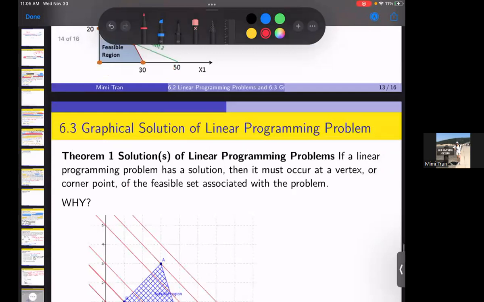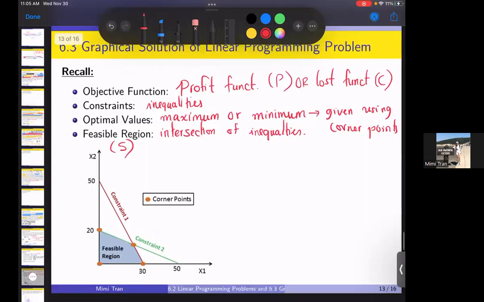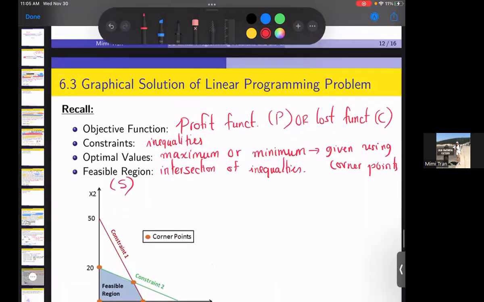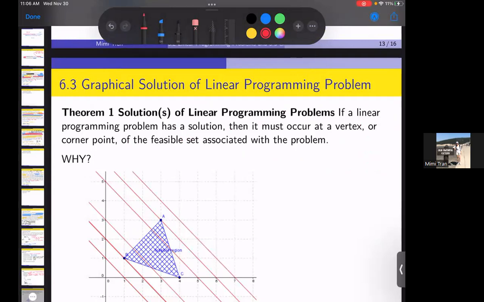Now, how do I solve? If you look at the problem, how do I find my maximum? Think about it. Let me tell you the theorem first.